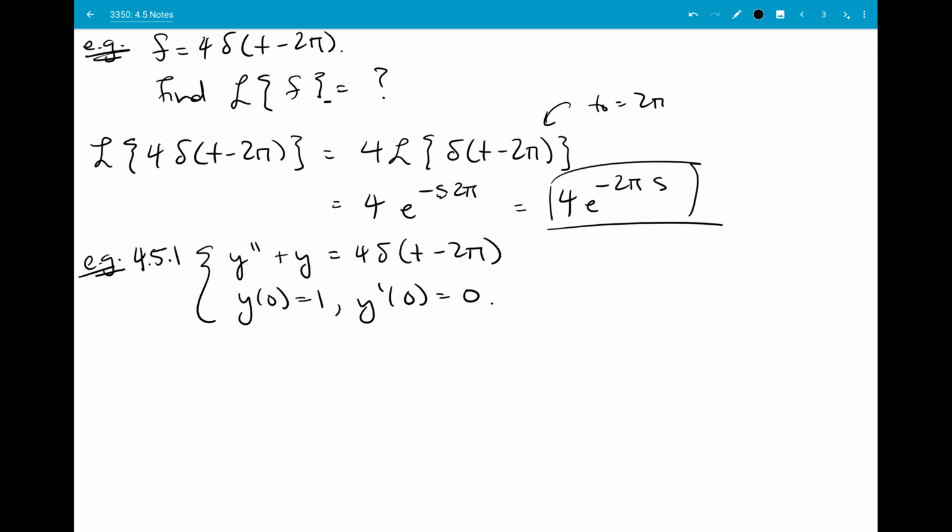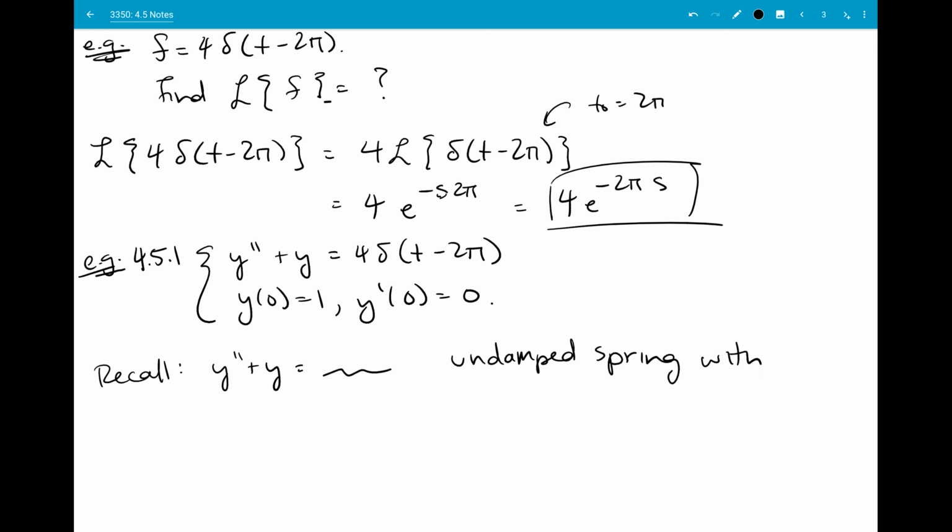So if you remember from when we were working during exam 2, y double prime plus y equal to some stuff is a thing that you could have solved using constant coefficients, and it actually looks like an undamped spring with some kind of forcing term, in this case 4 delta of t minus 2 pi.